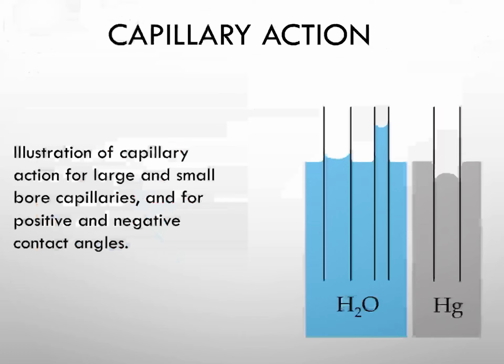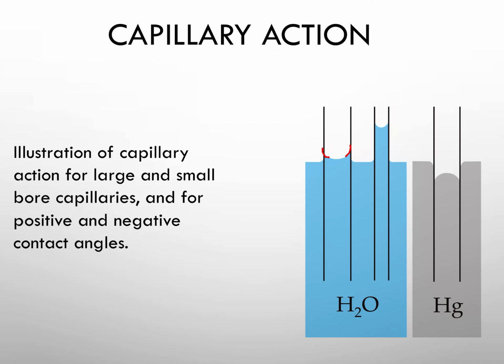So water, again, water is attracted to the glass, right? We have those adhesive forces. So we're seeing that water tries to creep up the sides of the glass. And the more narrow our tube is, the farther and farther up the water will creep. And then the opposite is also true for mercury and these cohesive forces.